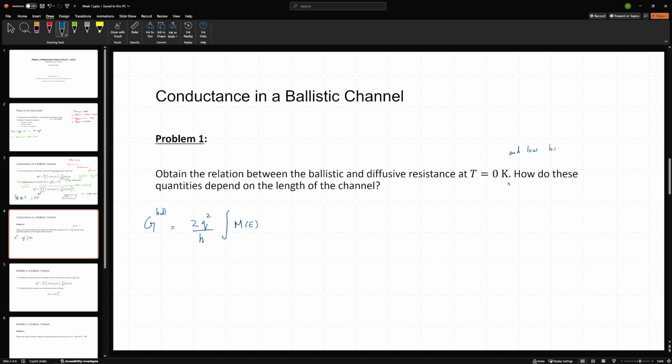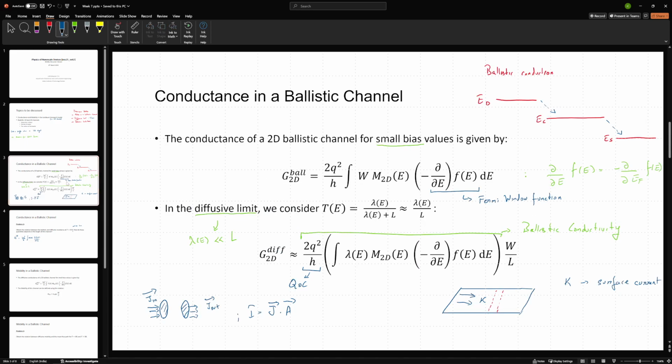Although that is not a very strong requirement, because whatever we are going to do here actually generalizes pretty well even for high biases, although the form of the final results is going to be different. So I shall just take this assumption and move on with things. So this is dou f of E by dou E F, and what else do we have?